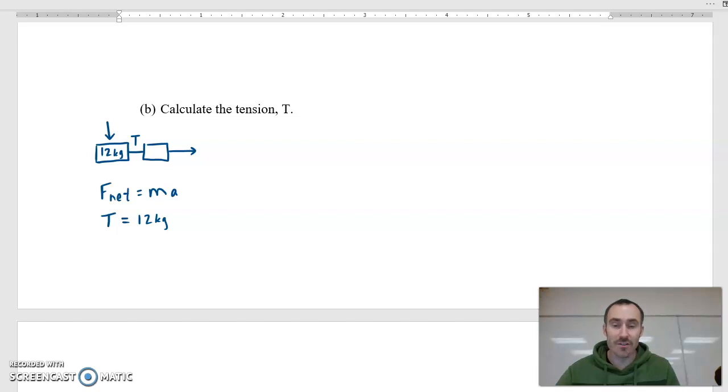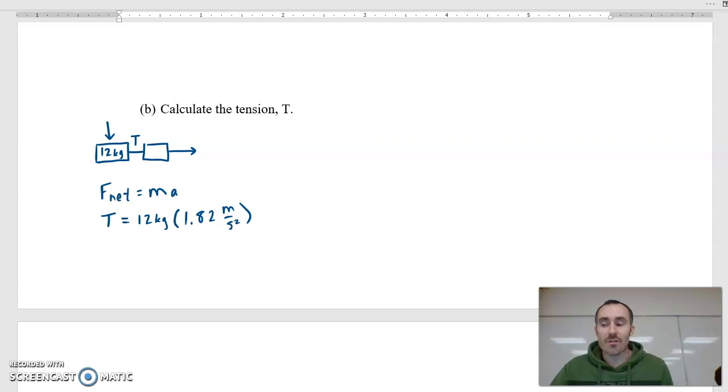So if you search around on the internet a little bit, you might find a different perspective, but you will get the same answer from both of them. So that 12 kilograms, and we know its acceleration. We figured that out in part A. Just because we're only looking at the second box now does not mean that suddenly its acceleration is different. It's still being pulled along by the first box. And so that acceleration is 1.82 meters per second squared.